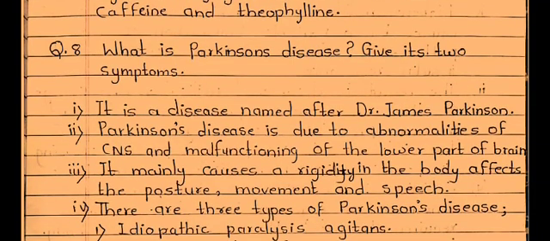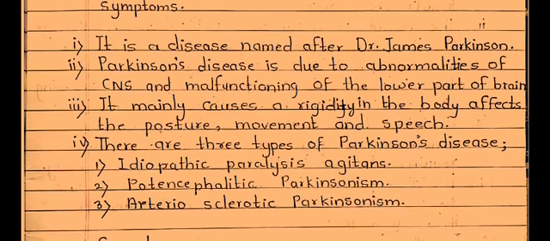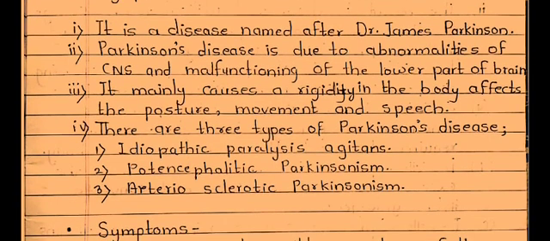What is Parkinson's disease? Give its two symptoms. It is a disease named after Dr. James Parkinson. Parkinson's disease is due to an abnormality of the central nervous system and malfunction of the lower part of the brain. It mainly causes rigidity in the body and affects posture, movement and speech.